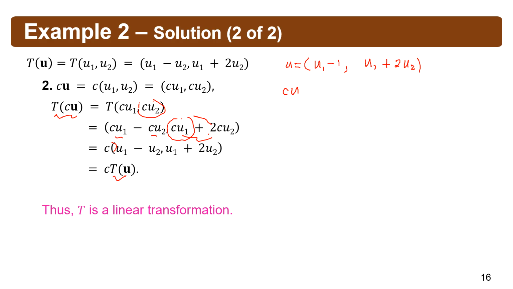I mean, W equals T of U, the transformation. So if I'm going to apply, again, my U is the same. The same way, I have here CU. That will give us CU sub 1, comma, CU sub 2.